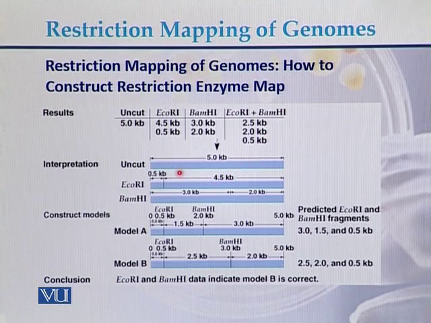So how will we interpret the result? The uncut DNA is a linear DNA. With EcoR1, two fragments were produced: one fragment is 0.5 kb and the second fragment is 4.5 kb. It means here is the site for the restriction enzyme EcoR1.